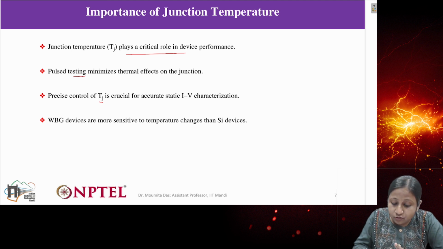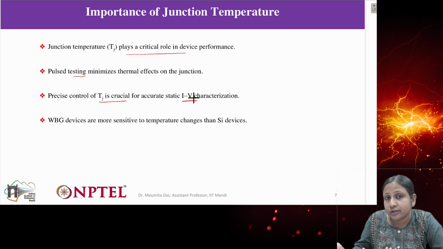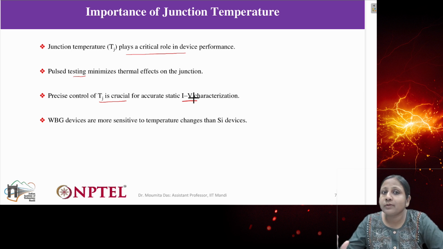Now, precise control is very important in order to characterize the device, otherwise, as I told you, the conditions will alter. Whenever you see any data sheet, they generally give the voltage and current level, and additionally the junction temperature they have considered. Generally in the data sheet they take two different temperatures, one at room temperature and another at a higher temperature, let's say 100 degrees Celsius.